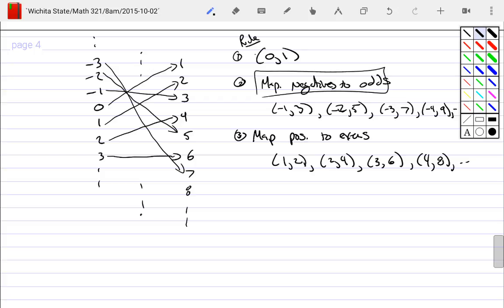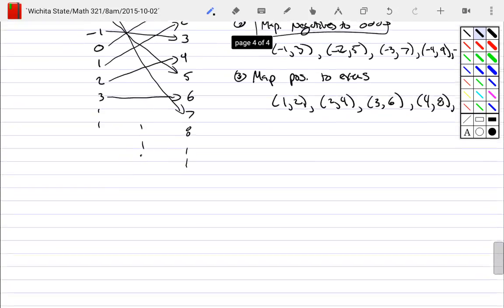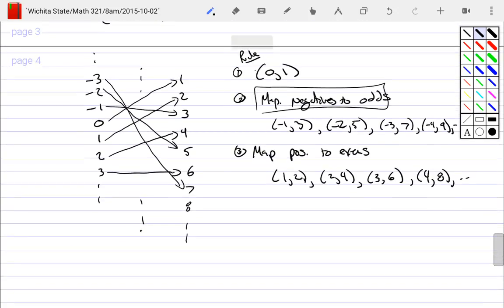Now here's a more fun one. Could you write a function in algebra that does that? Maybe go do that for fun at home. You'd use absolute value of k plus 1 for the negative and the odd. So you would say that's piecewise defined.